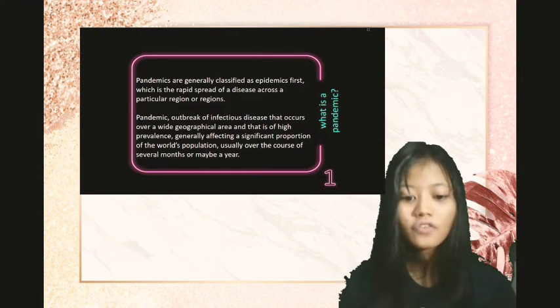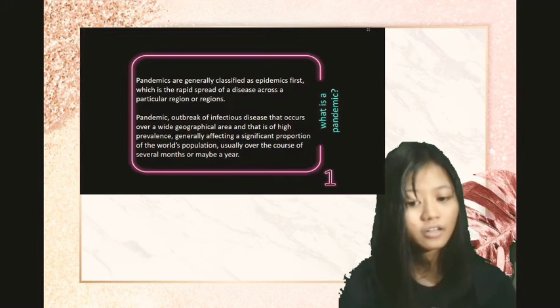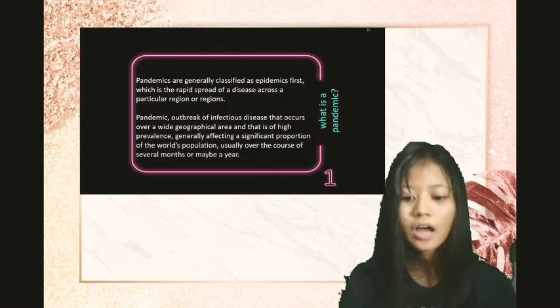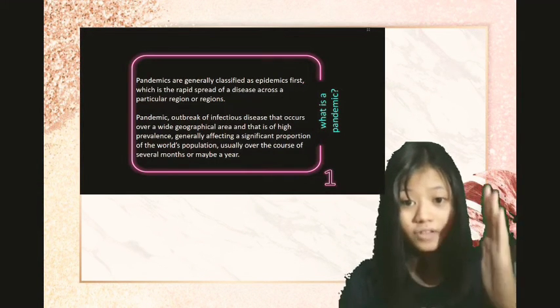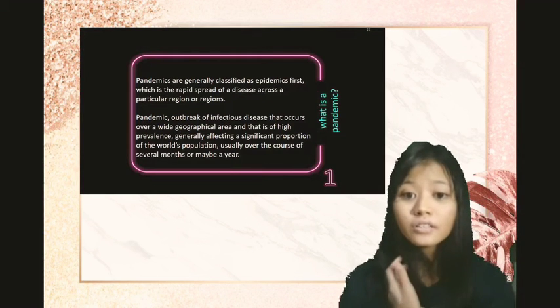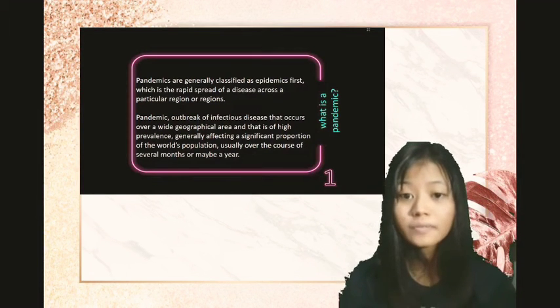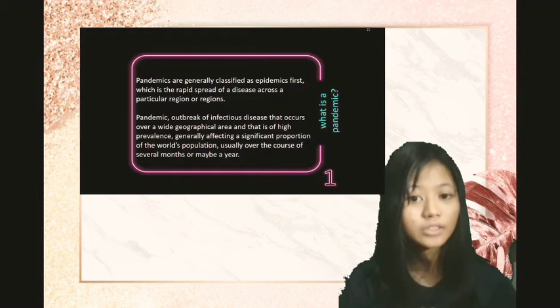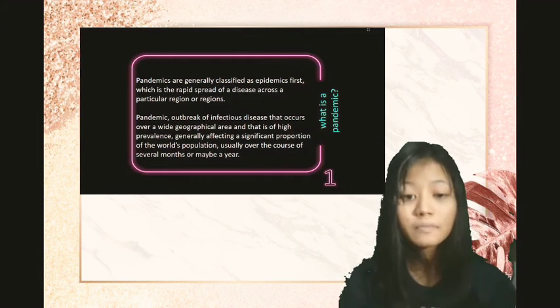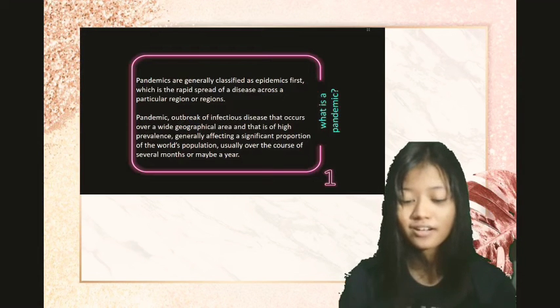Pandemics are outbreaks of infectious disease that occur over a wide geographical area and are of high prevalence, generally affecting a significant proportion of the world's population, usually over the course of several months or maybe a year.